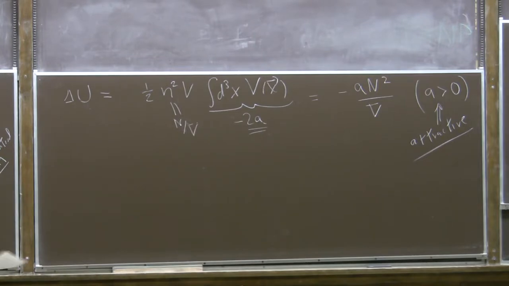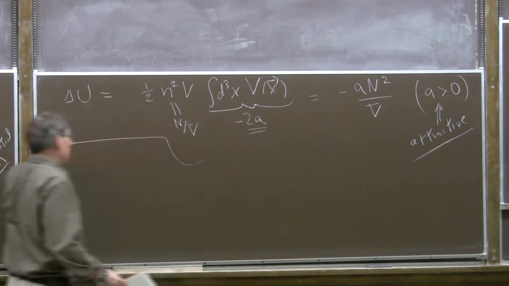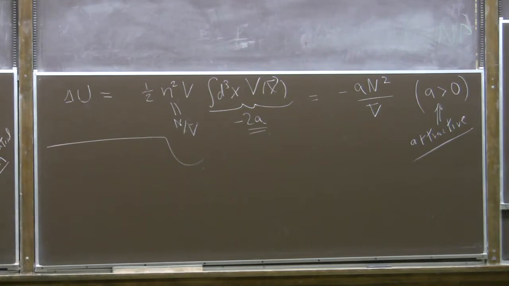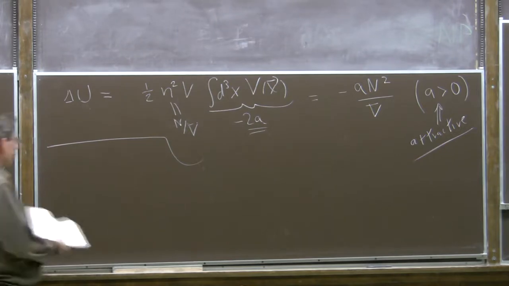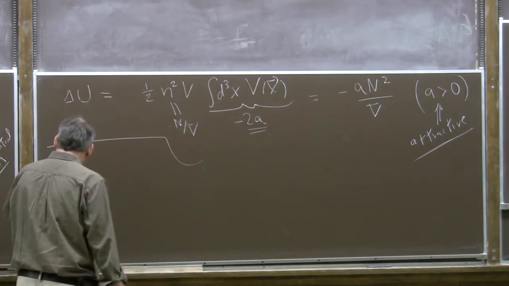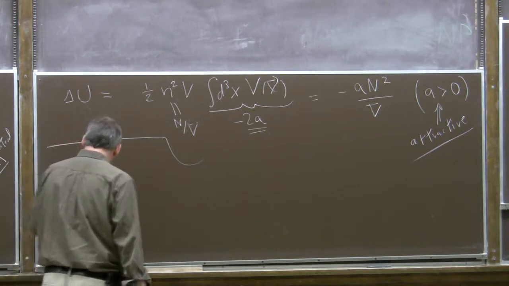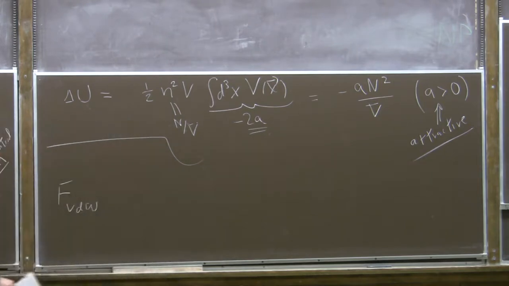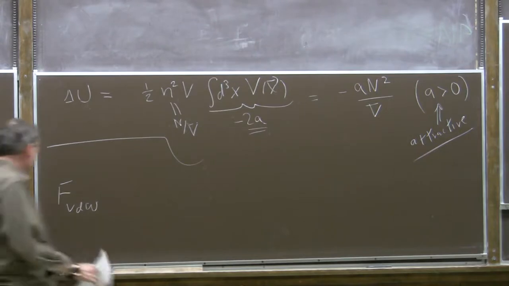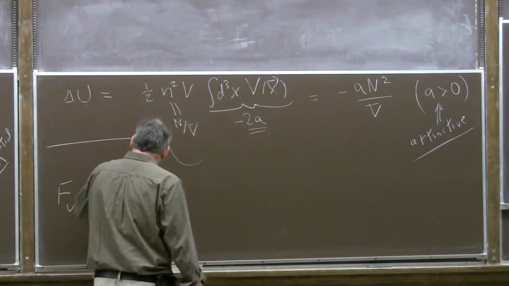So, my naive model, I'm going to continue to apologize from time to time for its being an oversimplified model of the gas, which I'll call the van der Waals model, is obtained this way.